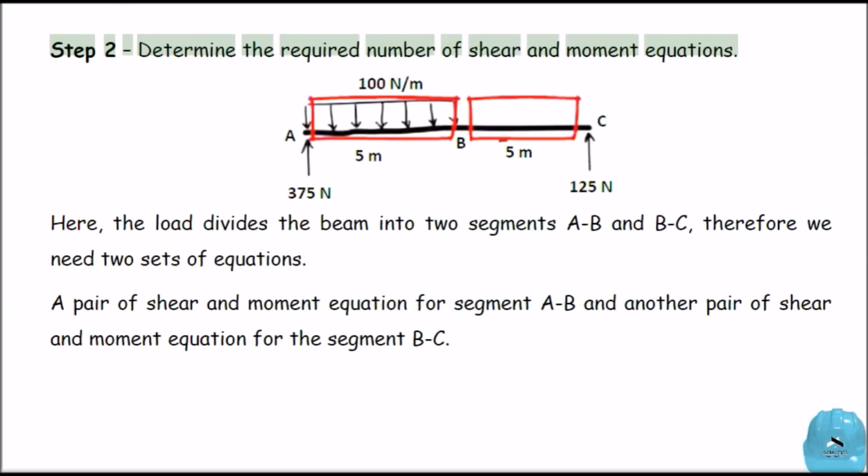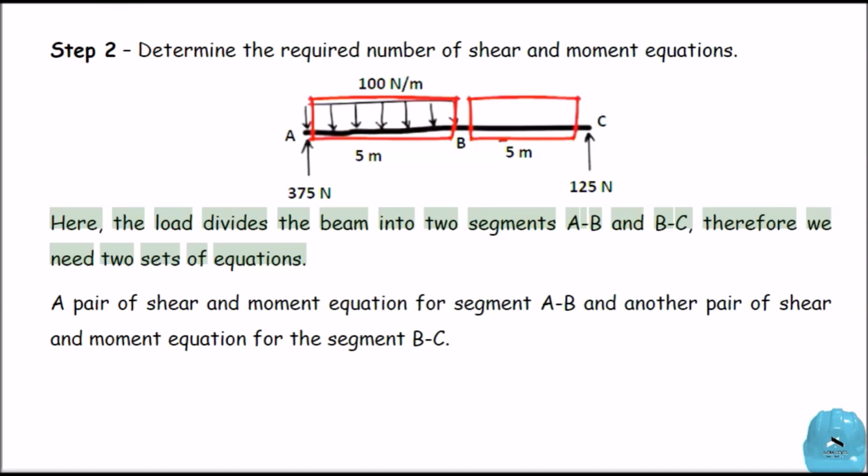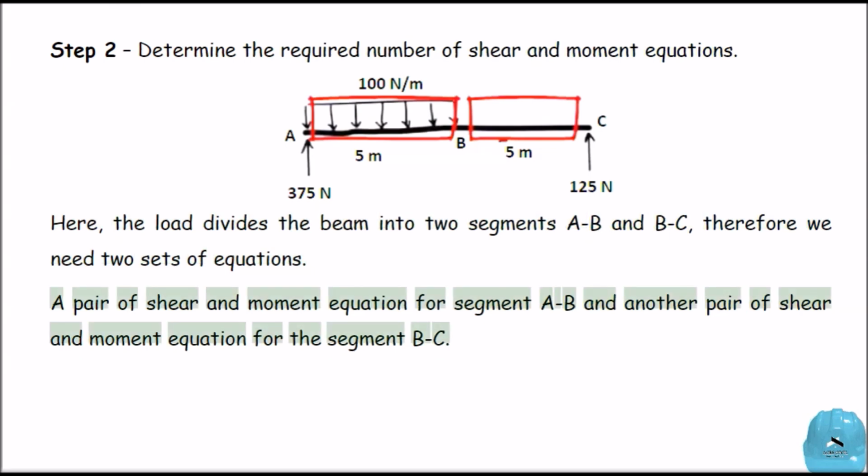Step 2. Determine the required number of shear and moment equations. Here, the load divides the beam into two segments AB and BC, therefore we need two sets of equations. A pair of shear and moment equations for segment AB and another pair for segment BC.